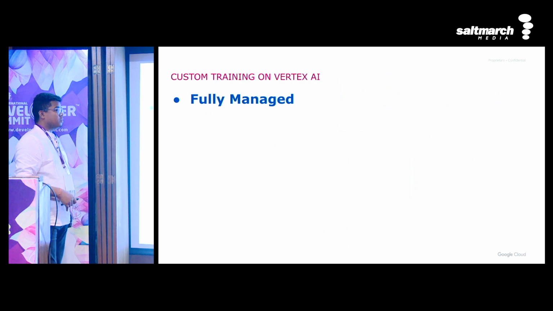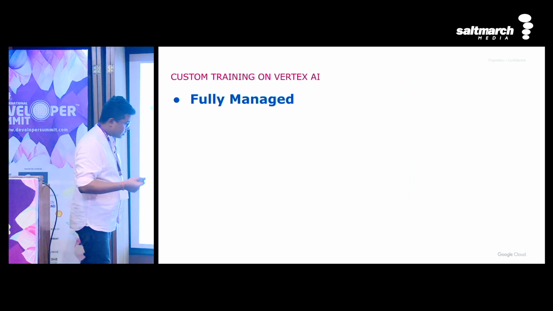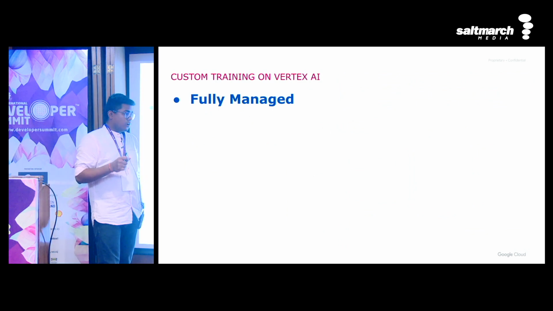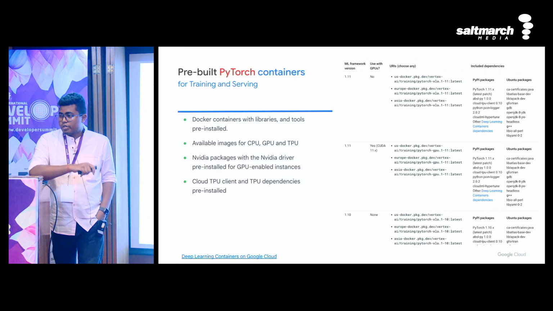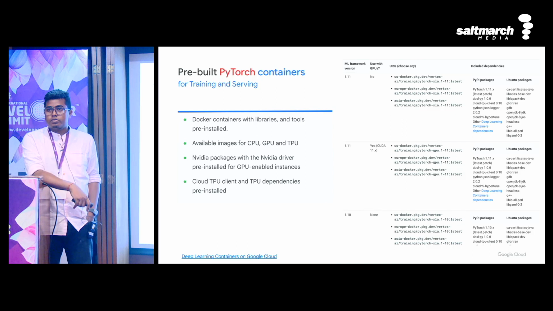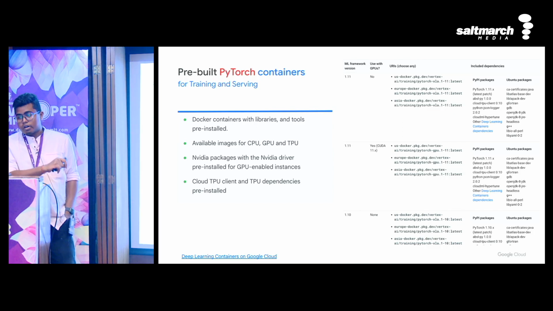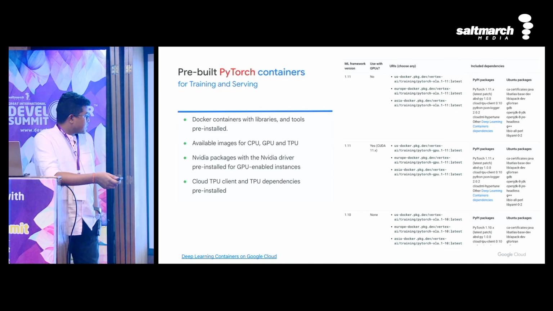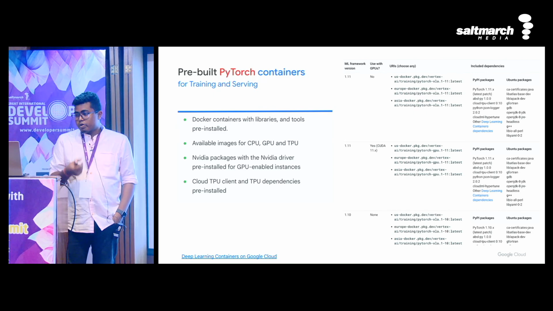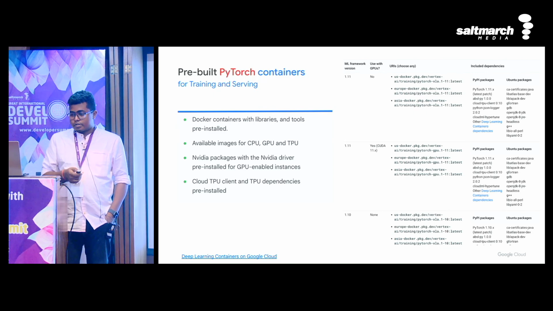The first thing, when you come to train your model, right? It starts with pre-built containers. We supply these pre-built containers that you can directly use. And these images are available for CPUs, GPUs, TPUs, and also work with all the NVIDIA drivers, right?